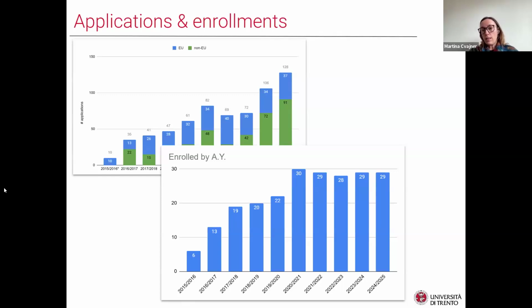So if you're interested in applying, please devote enough attention to preparing the documents that are requested for the application, because most of you will fit in the category of non-EU, but I mean, numbers tell a clear story. It will be about 15 people, or slightly more, that will be selected for the next cohort of students.